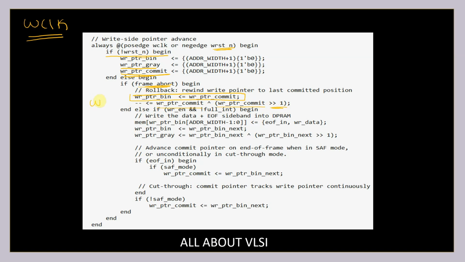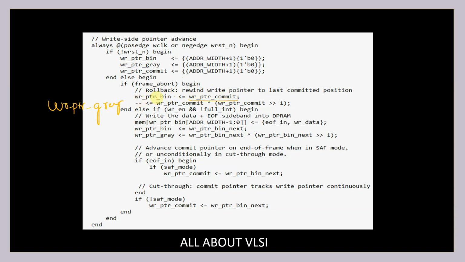So if frame abort is 1, whatever value was present in write pointer commit, we store in write pointer binary.